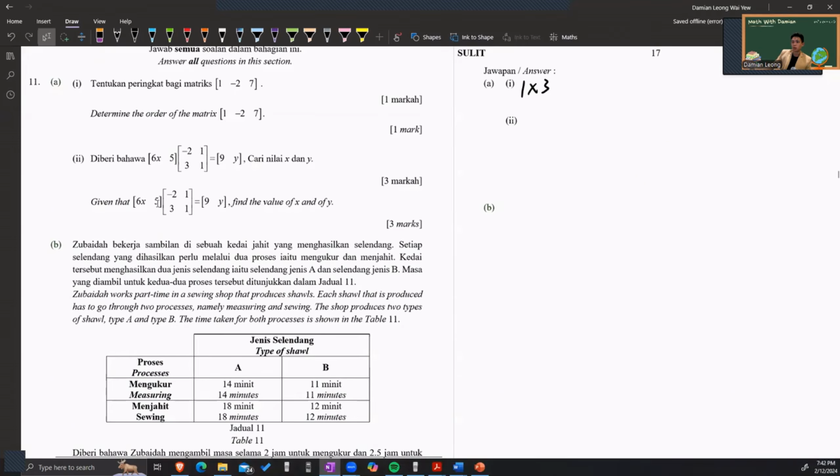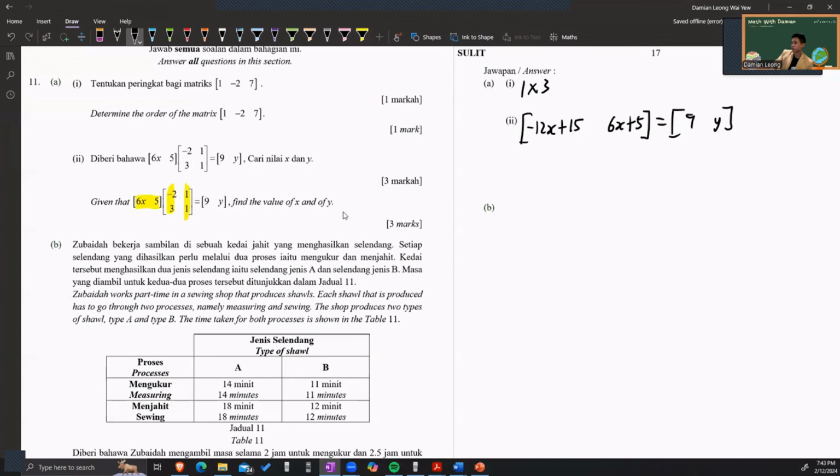A2, given this, calculate value of x and of y. So we can multiply these matrices together. First matrix follow rows, second matrix follow columns. So first row, first column, 6x times 2, negative 12x. 5 times 3, 15 plus 15. First row, second column, 6x times 1, 6x, plus 5 times 1, 5. Okay, it will be equals to the 9y.